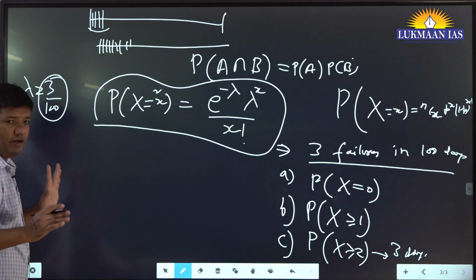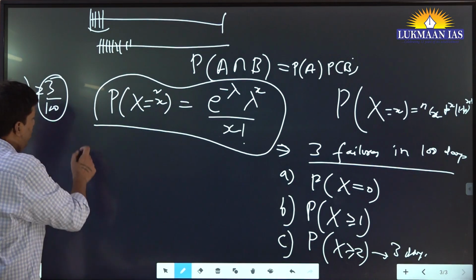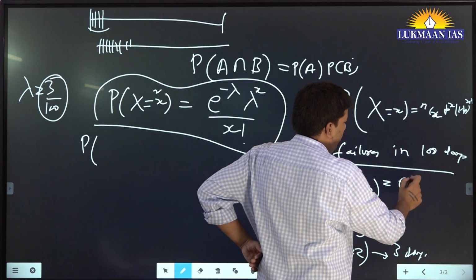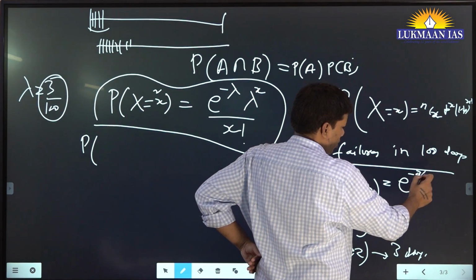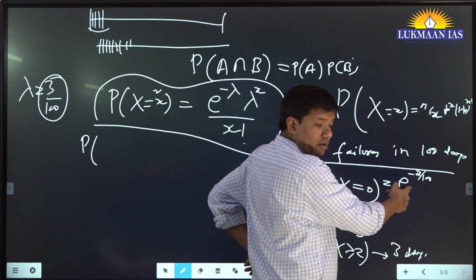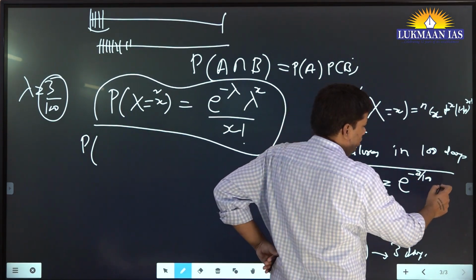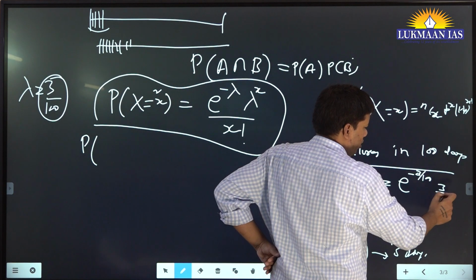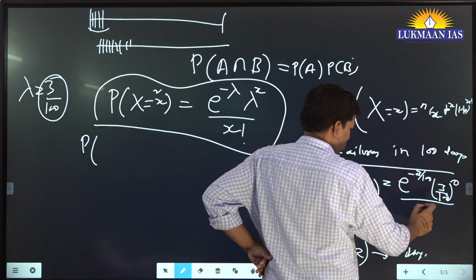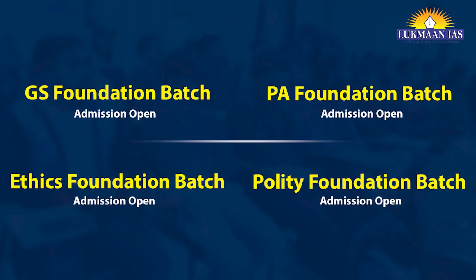That is 3 upon 100. Fine. So the probability of x equal to 0 would be e to the power minus 3 by 100, times 3 by 100 to the power 0, upon x factorial, and 0 factorial is 1.